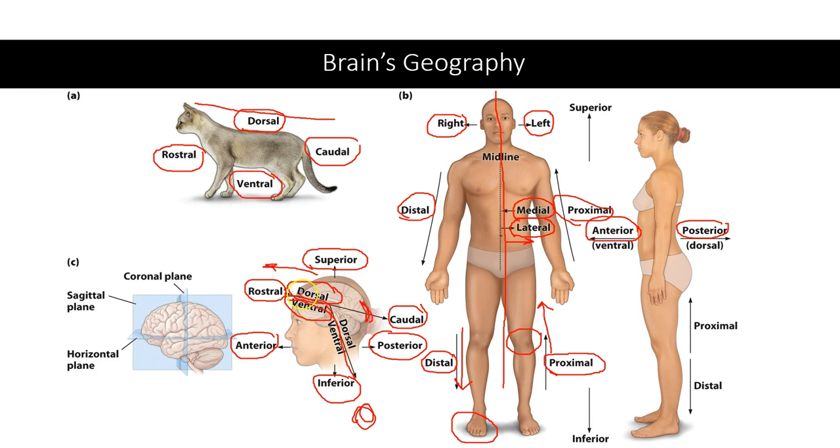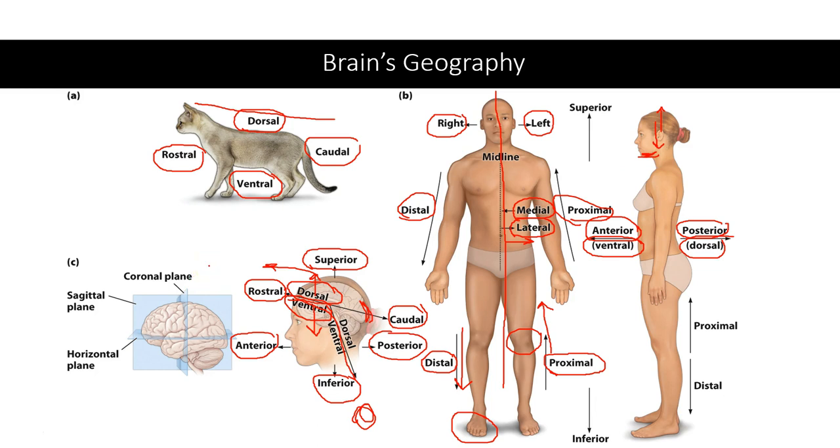But again, because of the bend that exists in the nervous system, dorsal, when you're in the brain, refers to the top of the head. Ventral refers to closer to the chin area, for example. So here's also an image of the ventral towards the belly, dorsal towards the back. But when we're in the brain, dorsal is towards the top of the head, ventral is towards the bottom half of the face.